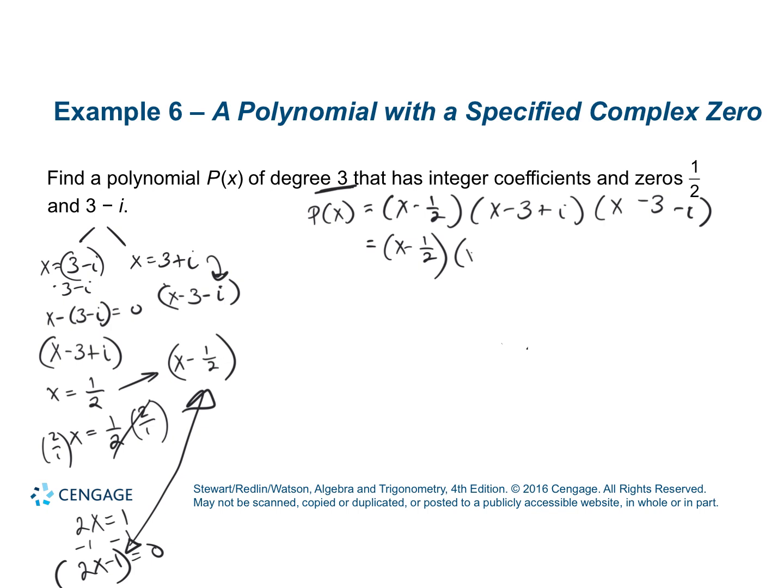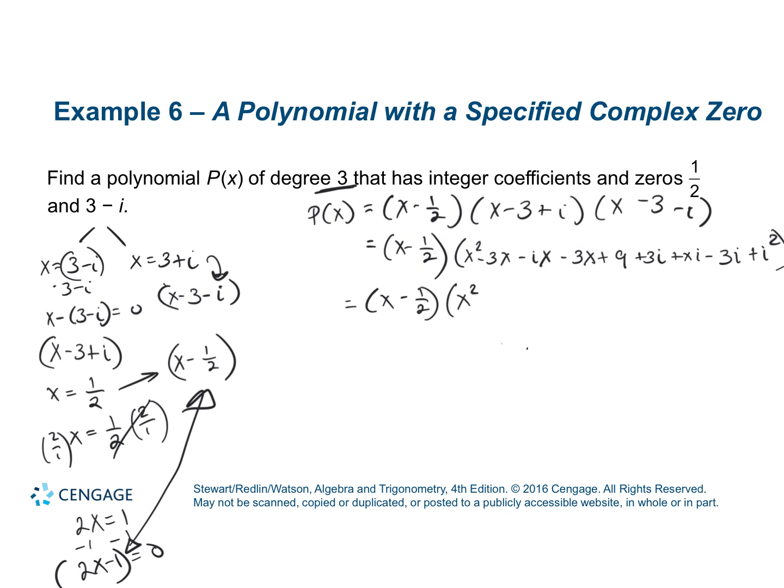This is going to be x squared minus 3x minus ix. And then it's going to be minus 3x plus 9 plus 3i. And then it's going to be plus xi minus 3i plus i squared. Now I'm going to go ahead and simplify that.